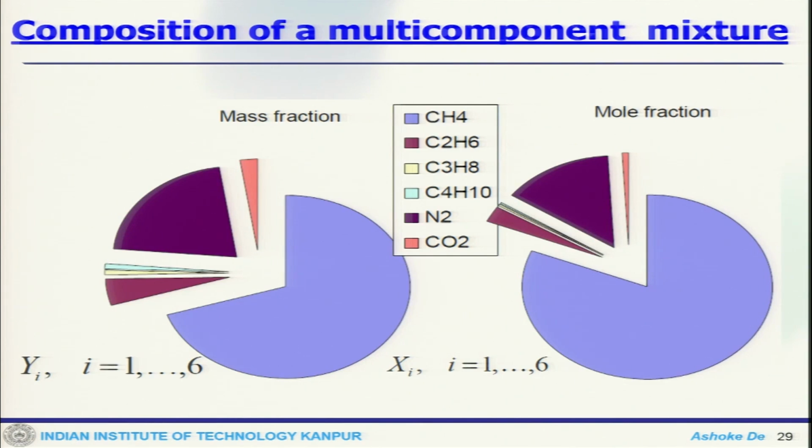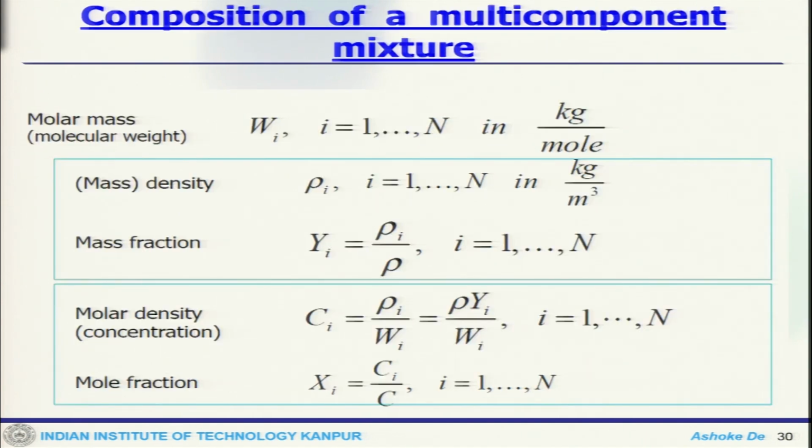Now, as I said, you can have multiple species in a system with different proportions. One way to represent that is by mass fraction, another option is mole fraction, which we have seen. To recap, you have molar mass Wi, then mass density, and the mass fraction would be rho i by rho.